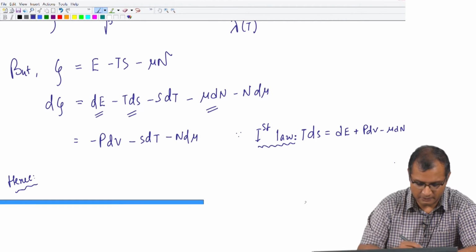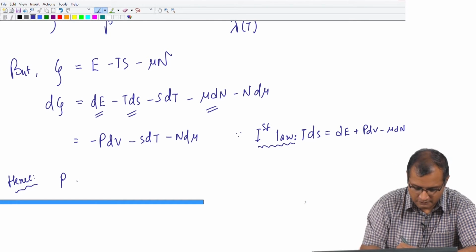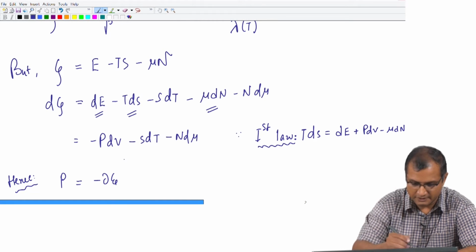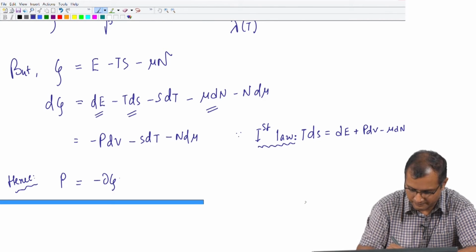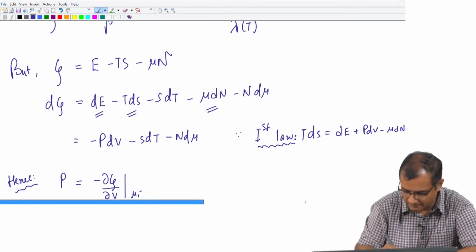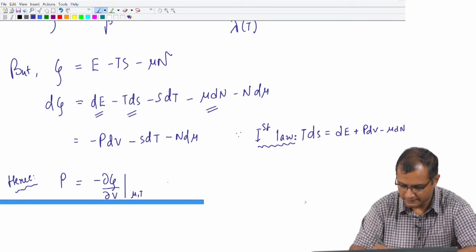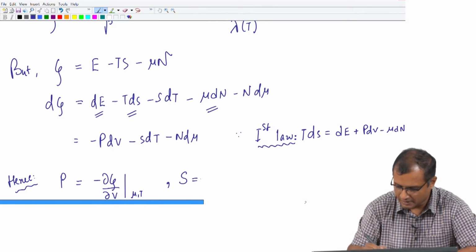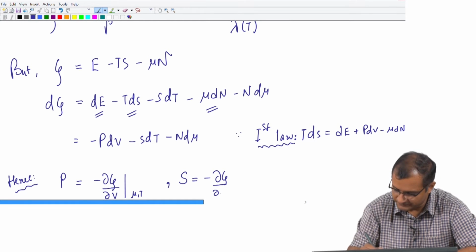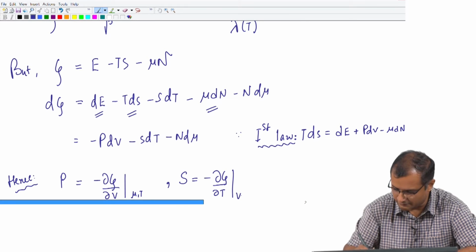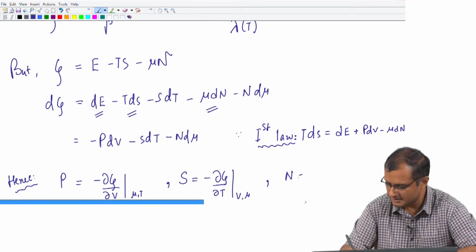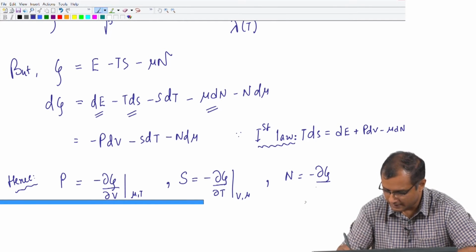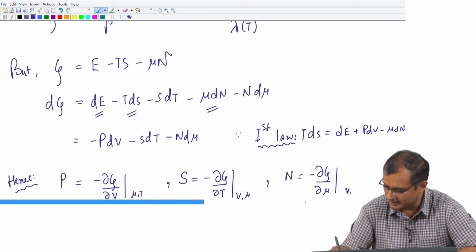So, hence our thermodynamic quantities are pressure, which is nothing but negative d psi by dV at constant mu and T, and I can compute entropy as negative d psi by dT at constant V and mu, and I can also compute the number of particles as negative d psi by d mu at constant volume and temperature.